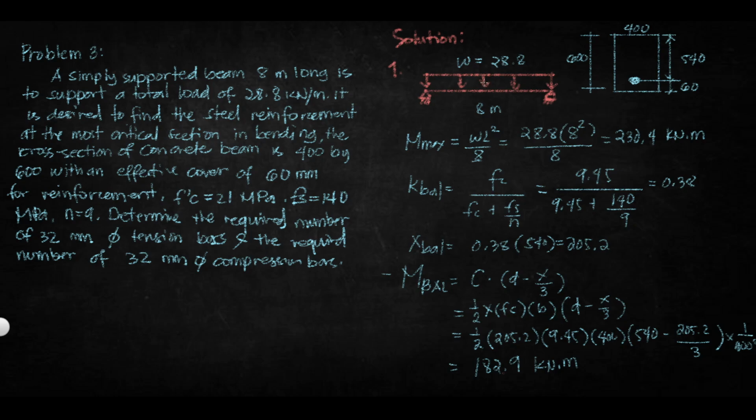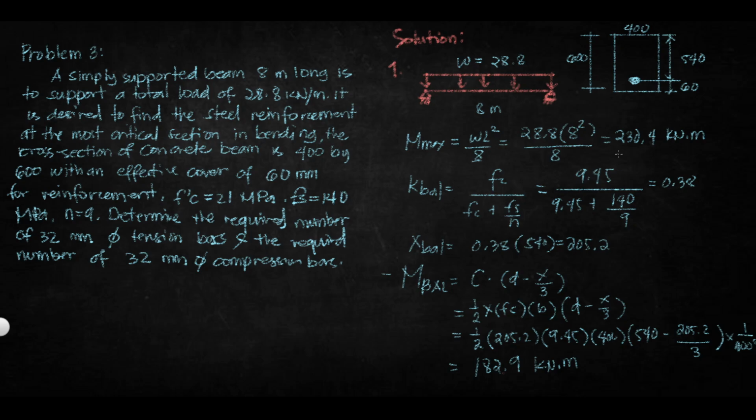So, we have a W of uniform distributed load na 28.8, gaya po ng problem. Total load na yun, no? Times L squared, yung length po natin, yung span natin is 8 meters, all over 8. So, we will have a maximum moment at the midspan of 230.4 kilonewton meter.